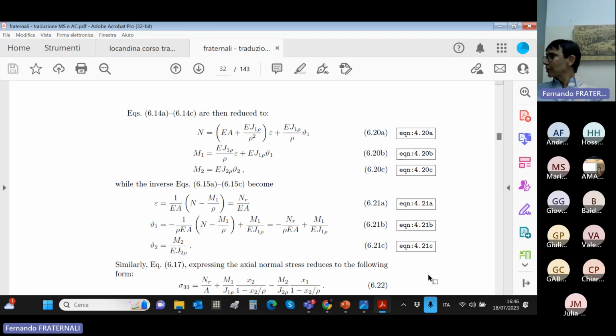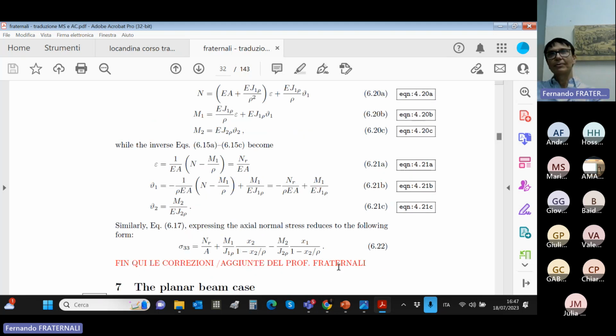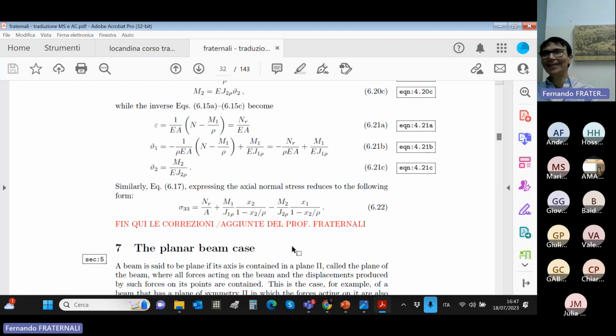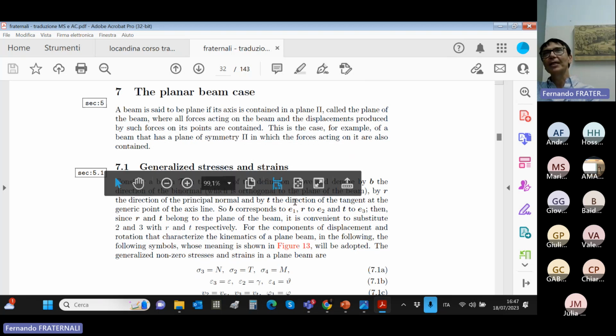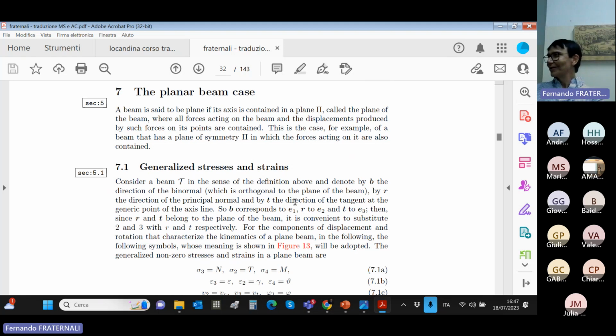Okay, this should close the program of today, because, just ignoring this comment, we should now start with the planar beam case. I don't know if it is the case to start today, or we can postpone this to tomorrow. These concepts are very dense.